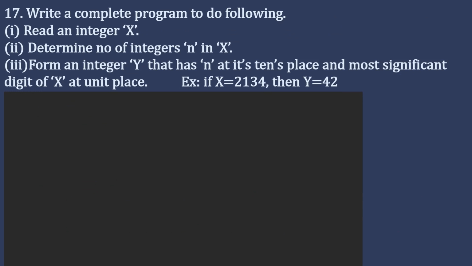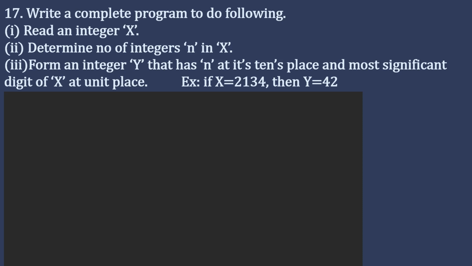So the next program is to read an integer x and determine the number of digits n in x. Now form an integer y that has n at its tens place and the most significant digit of x at the units place. For example, if x has the value 2134, then y is equal to 42.